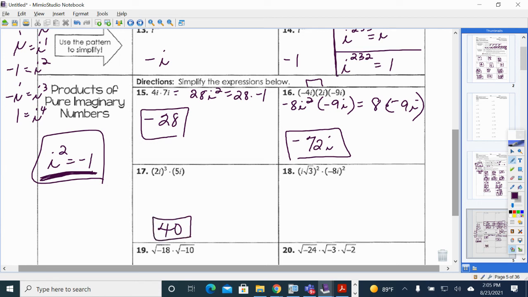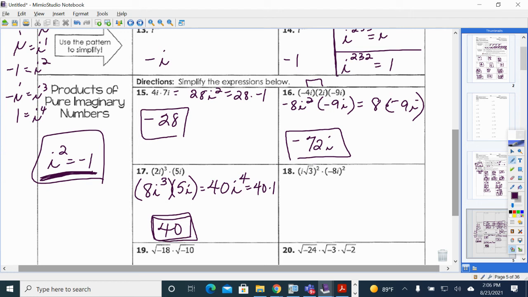By hand, 2i cubed, 2 cubed is 8, i cubed times 5i is 40i to the fourth. i to the fourth is a positive 1, so you have 40 times 1, which gives you the 40. But y'all, if you can put these in the graphing calculator, it's fine.